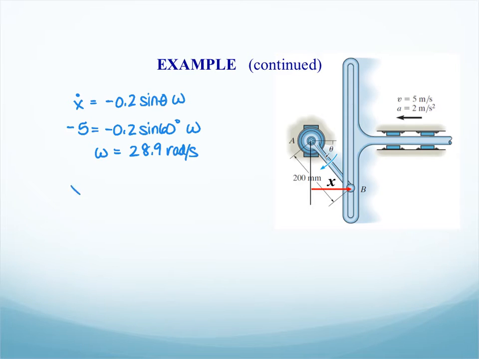Now we do the same thing with the acceleration. I'm just going to rewrite my term for acceleration. And now we said our acceleration when theta was equal to 60 was minus 2.